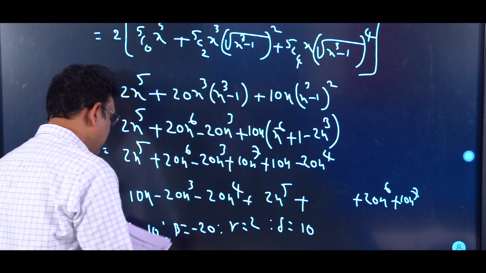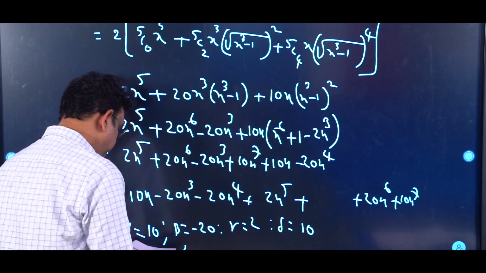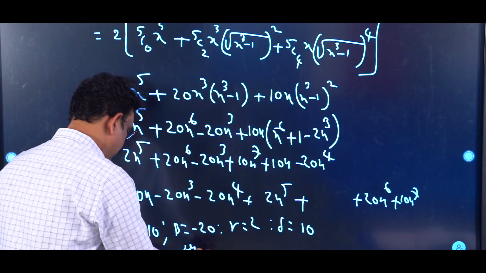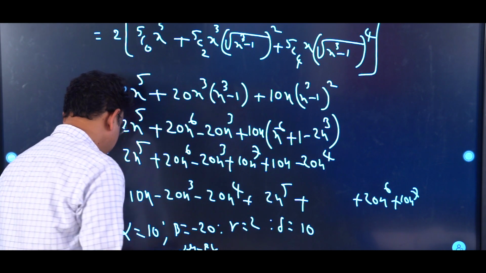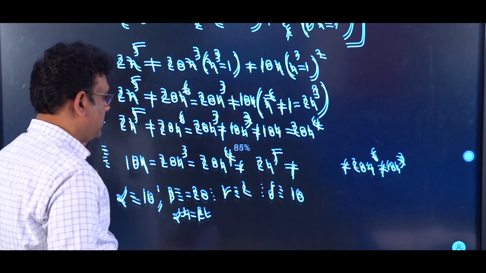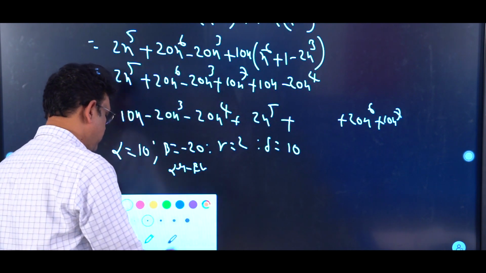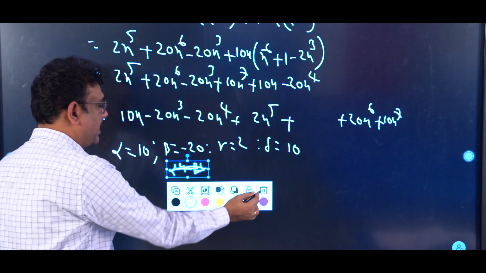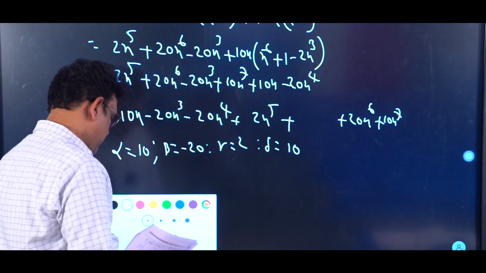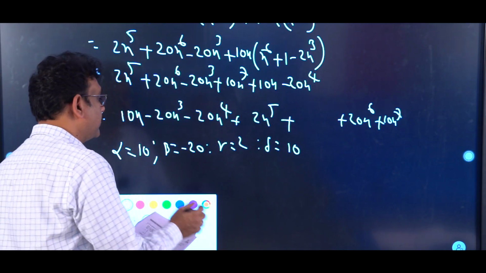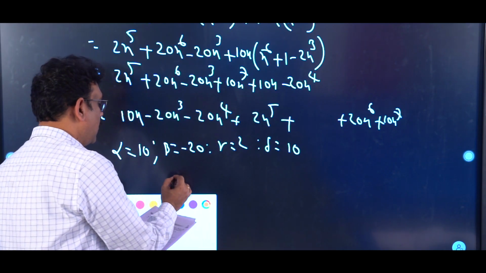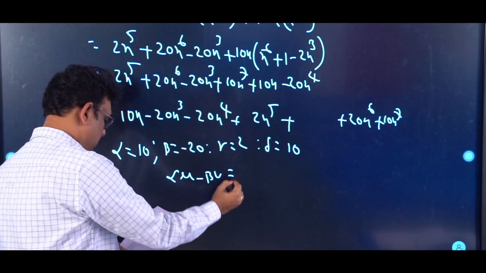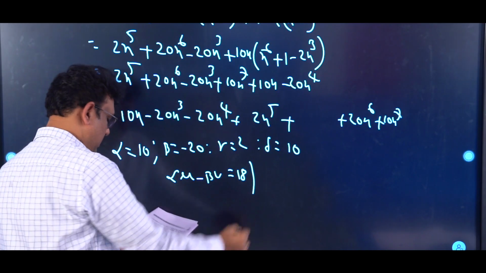So you can find the value of alpha u minus beta v. So that is equal, we can find the value. So alpha u minus beta v is equal 18.